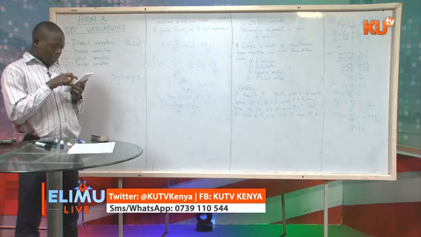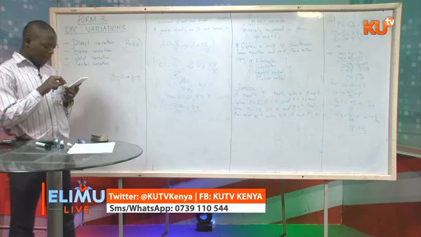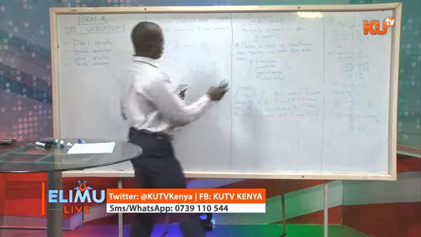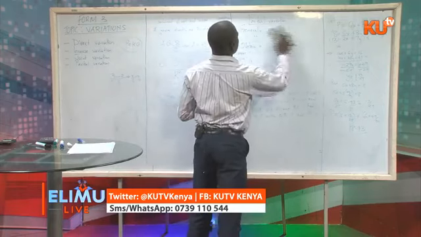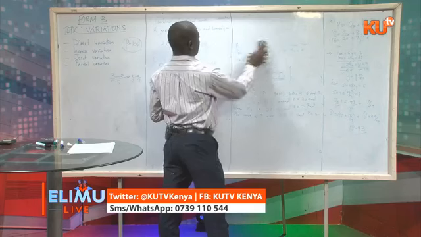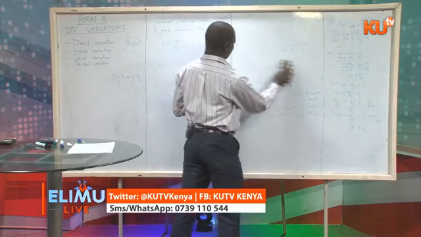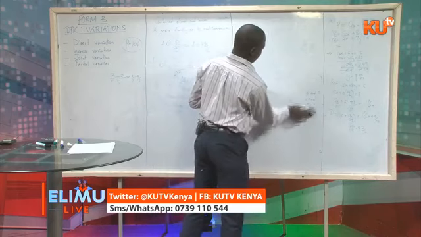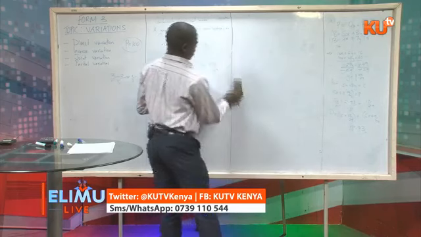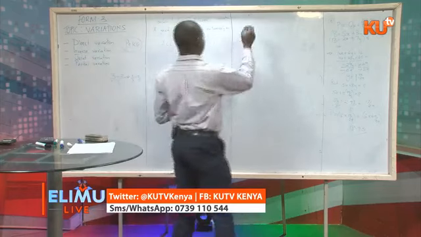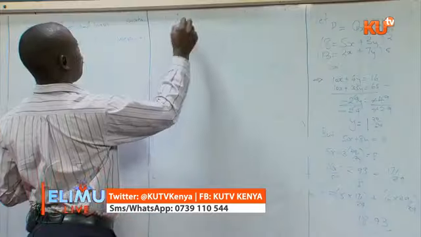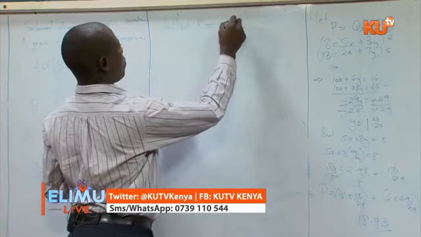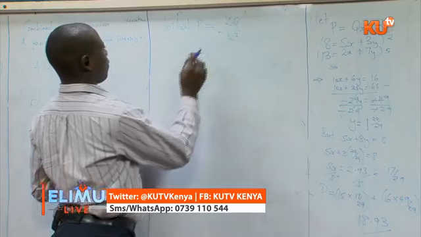Part B is about the change. You are told that Q is increased by 20 and R decreased by 10. So in this case, the initial P will be equal to this equation as it is, that is KQ over R squared.